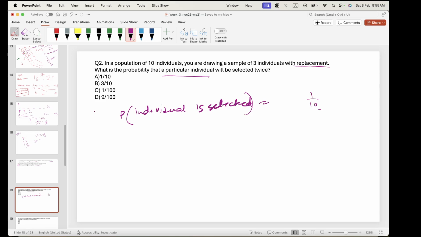And the probability a particular individual is selected twice will also remain 1/10, because it is with replacement. Yes, with replacement, so it should remain 1 by 10.